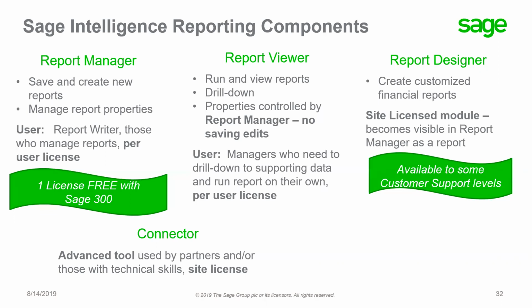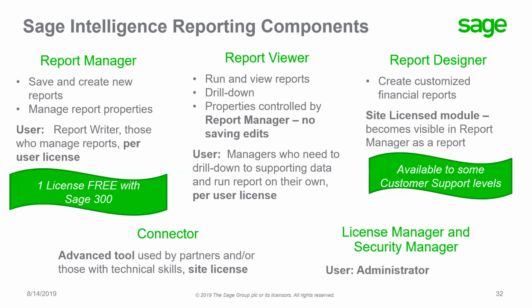The connector is an advanced tool. It's a site license, and that's what you would use to do so. And then finally, the license and security manager further administration and enables you to determine which user can run or view reports.